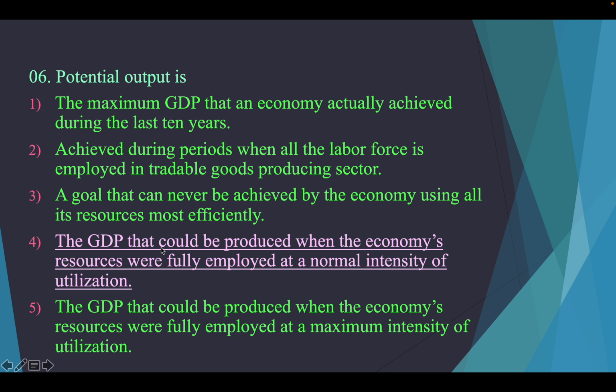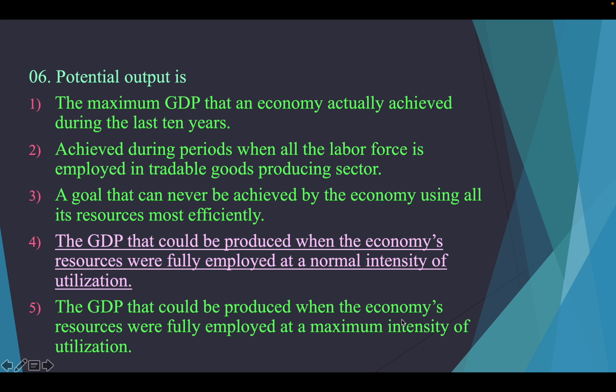The fourth: the GDP that could be produced when the economy's resources were fully employed at a normal intensity of utilization. The fifth: the GDP that could be produced when the economy's resources are fully employed at a maximum intensity of utilization. What is the difference? The difference is normal intensity and maximum intensity.